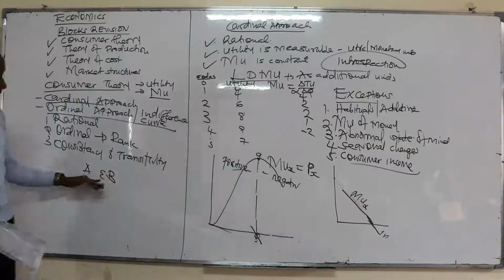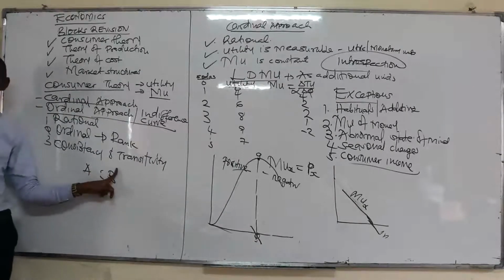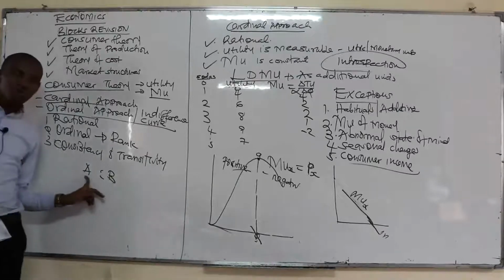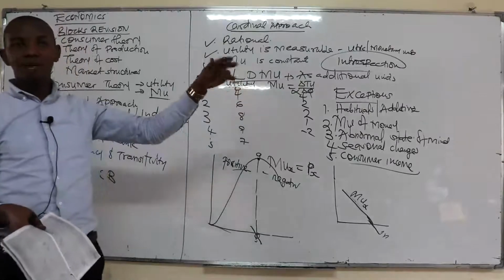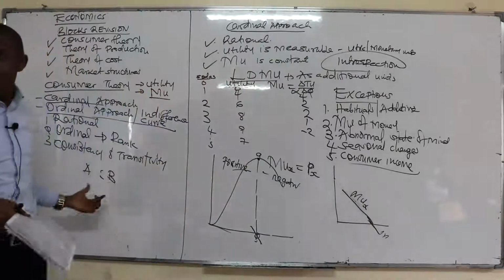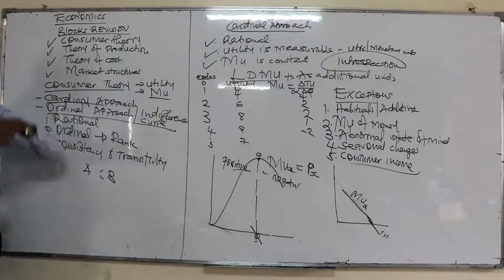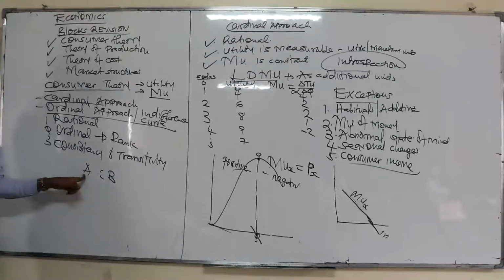So in that case, the consumer may consume A over B. So the consumer will be said to be consistent if he is going to consume the combination of A consistently. If it is the combination of A and B, that is what he will keep on consuming. It will be consistent in consuming that good.